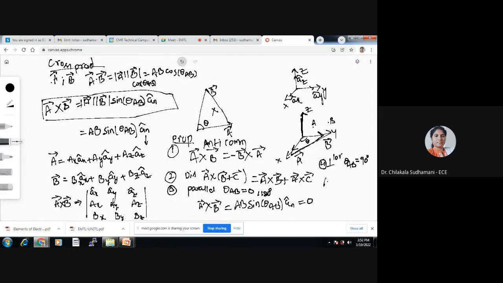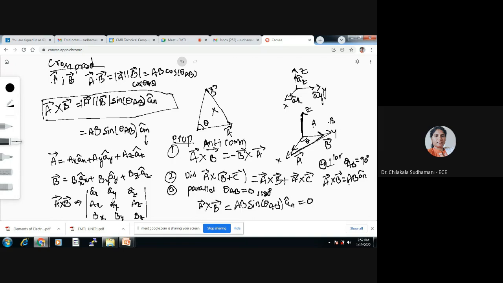Then what is the cross product of those two? A bar cross B bar, what is the value? Just substitute in the formula and tell me. AB into AN cap, so sine theta, sine 90 is 1. So if they are perpendicular, then it gives the product of their magnitudes into the unit vector perpendicular to their plane.